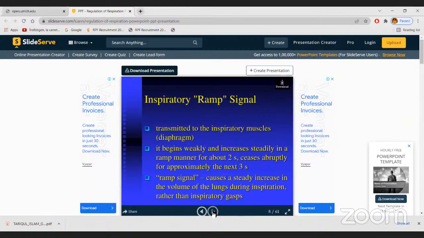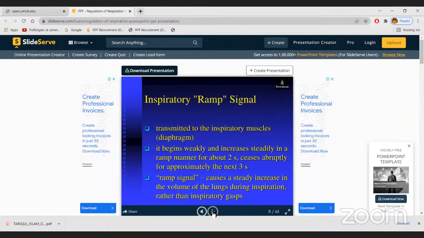It begins weakly and increases steadily in a ramp manner for about two seconds, then stops abruptly for approximately the next three seconds. The ramp signal causes a steady increase in the volume of the lungs during inspiration.